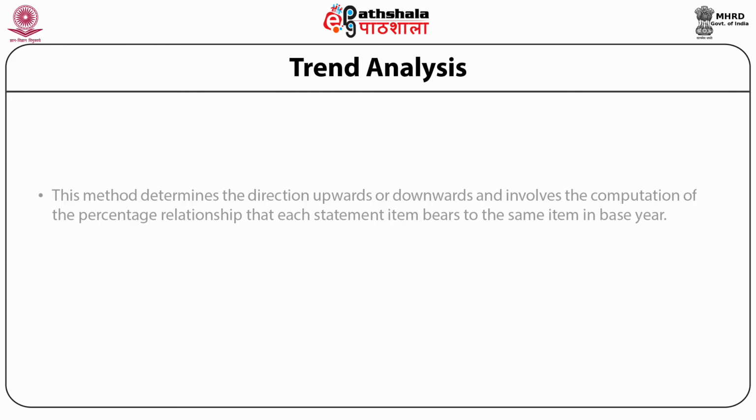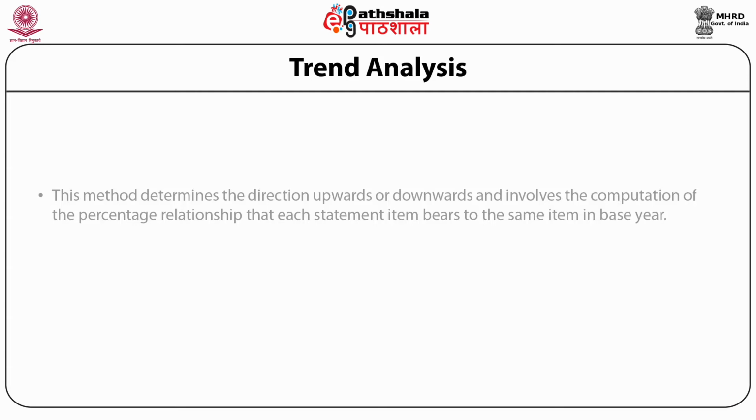For example, a company has a net profit of rupees 3 lakh, rupees 4 lakh 25,000 and rupees 6 lakh 40,000 respectively for 2012, 2013 and 2014, with 2012 as the base year. The trend percentages for the company's net profit are as follows.